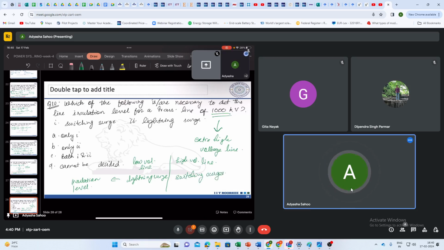So here, when the voltage level of the line increases, gradually we can say the insulation level is being decided on the basis of switching surge. But for low voltage line, the switching surges are not of significant magnitude. So here lightning surges are used. So since 1000 kV is coming under EHV, we'll decide it on the basis of switching surge. This is only A.